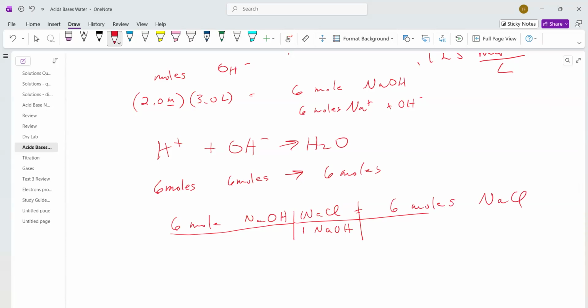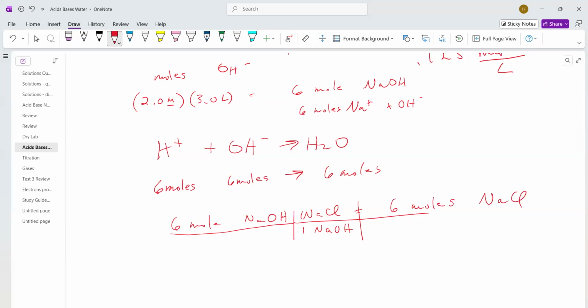So what we're bringing together is the stoichiometry problem right here, bringing together solution chemistry, and bringing together acids and bases. So this unit is a culmination of the semester. It really brings everything together.